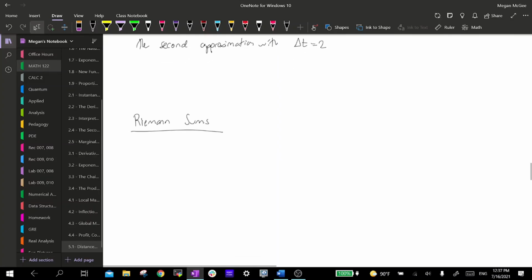Say we've been given an interval from a to b, and we have some delta t value or some n value. We can always find one from the other using n is equal to b minus a over delta t. And similarly, delta t is equal to b minus a over n.